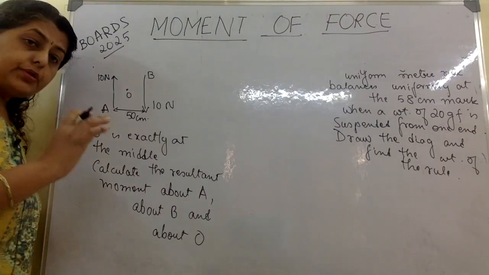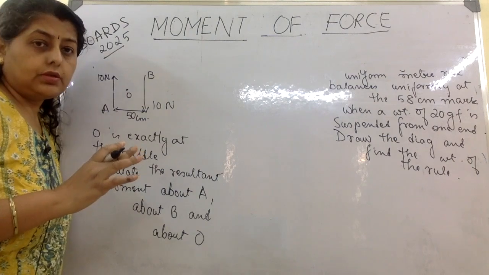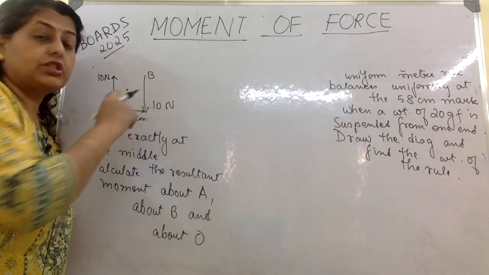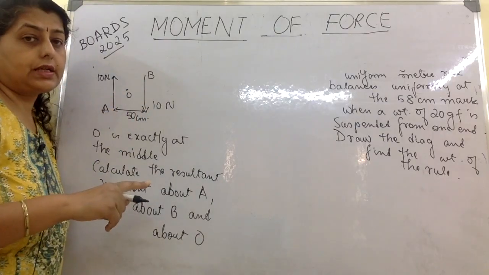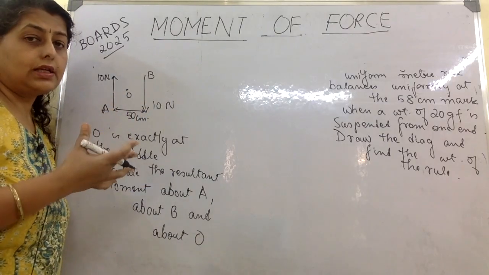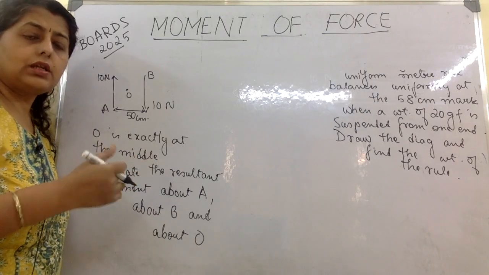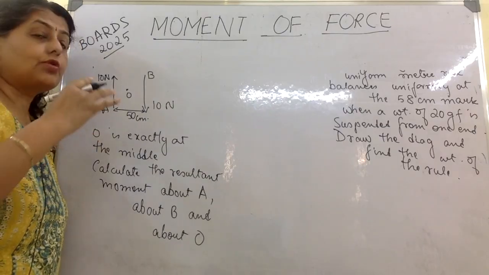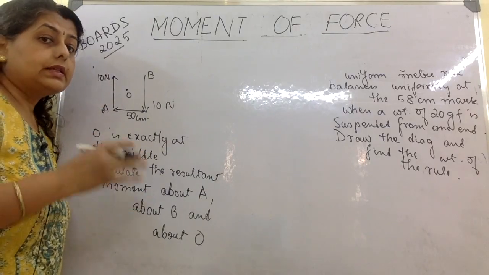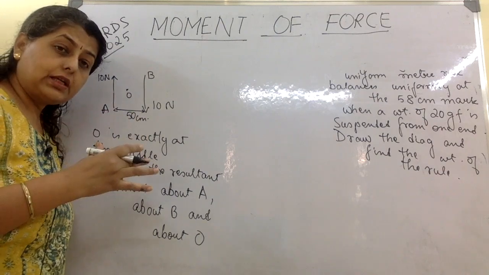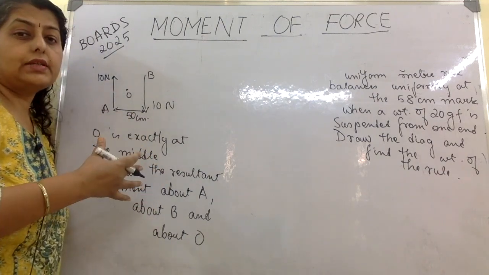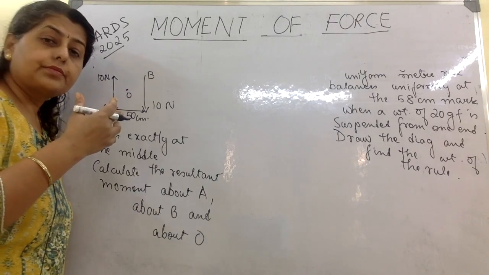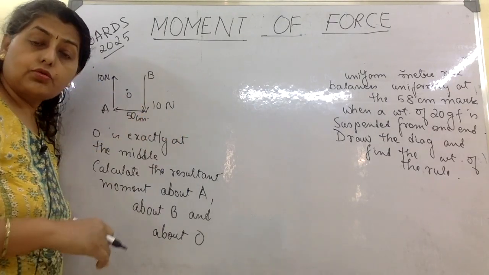Now remember here they have told in the question, I am not writing the full question, they have told these are two forces which are equal in magnitude and opposite in direction. We can see that they are equal in magnitude, 10 Newton, 10 Newton and opposite in direction. Now if they are equal in magnitude and opposite in direction, then don't take it in the beginning only as that uniform meter rule sum.